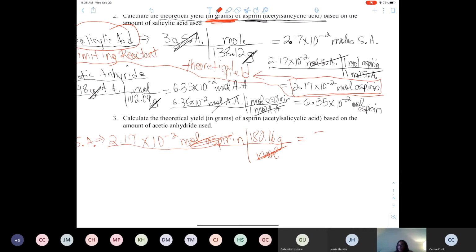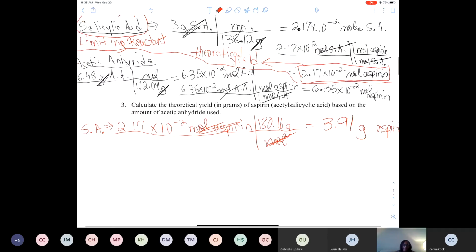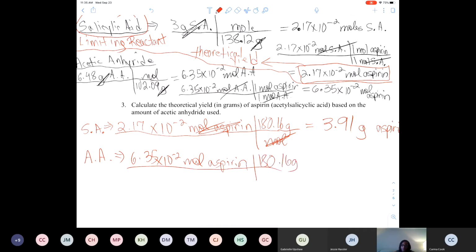That gives us 3.91 grams of aspirin based on the salicylic acid. Based on the acetic anhydride, we'll be making 11.4 grams of aspirin.